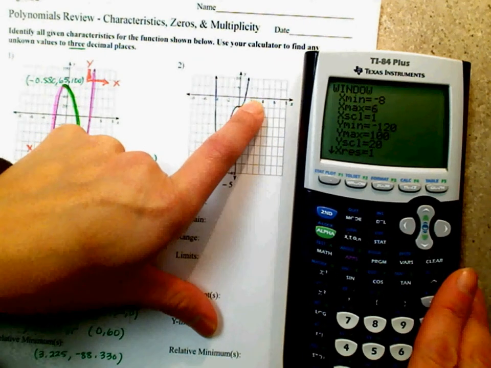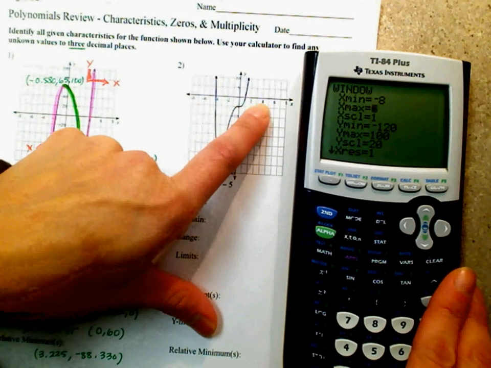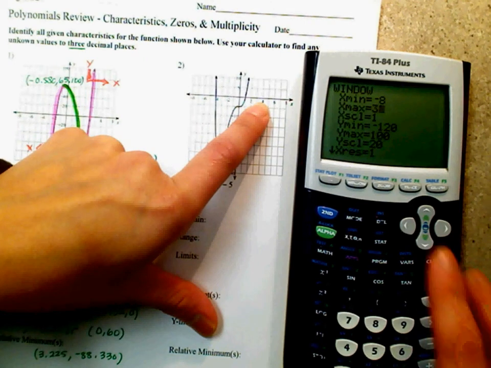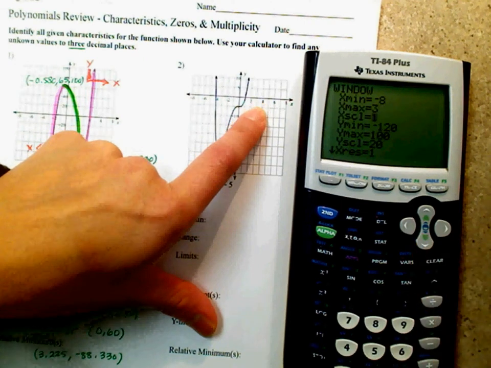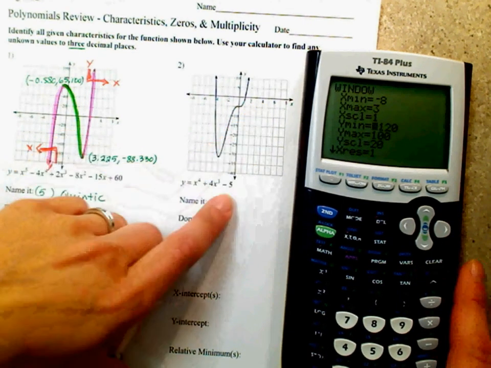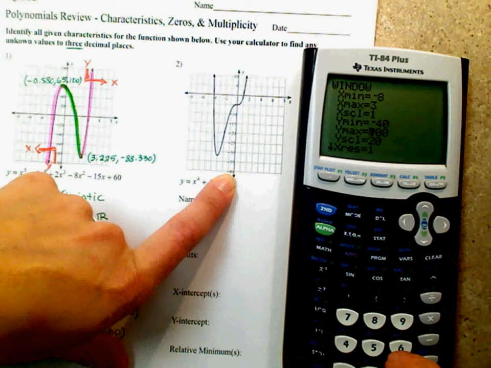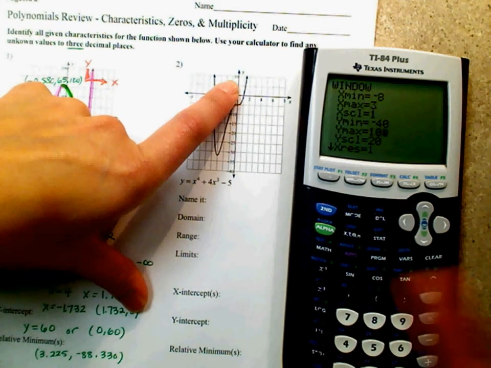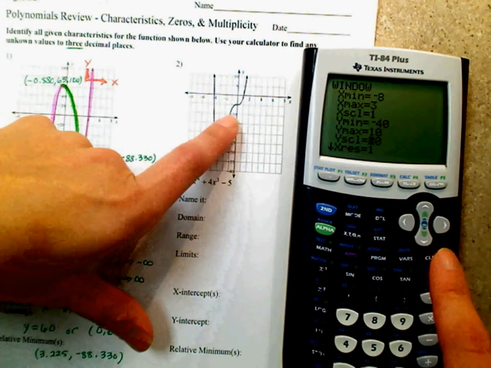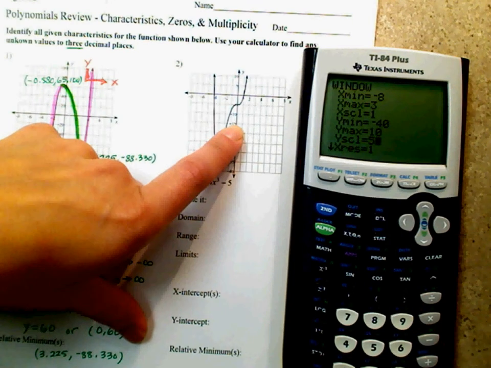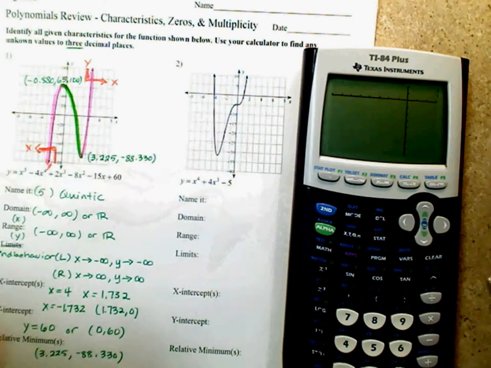Why don't we go a little further and put a 3? Okay. Your scale, let's keep it where it is. Your minimum, take a look, it stops at negative 40. So I'm going to change that to negative 40. Y maximum, they have it at 10. Now notice your scale is by 5, so I'm going to change that to a 5. And I'm going to graph, just so I have an idea of what this graph looks like.